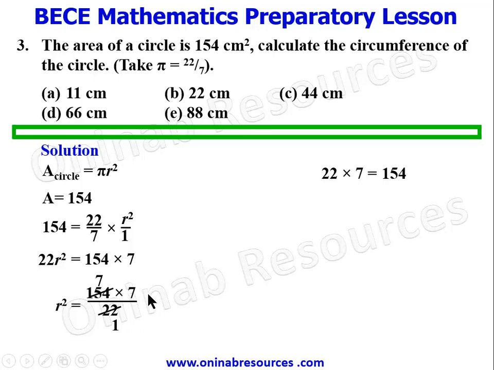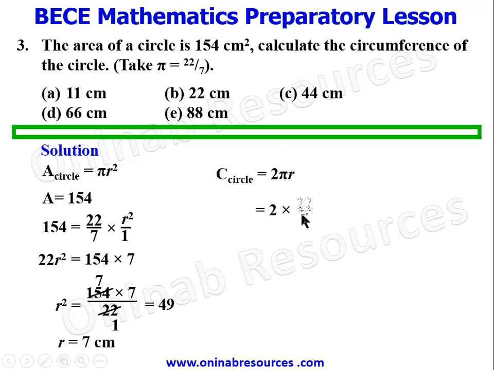So 7 times 7 gives 49, and r squared is equal to 49. Finding the square root of 49 gives 7 centimeters as the radius. Now we can go ahead to calculate the circumference of the circle. Now the circumference of a circle is 2 pi r. So we've gotten our r, and we already have pi.